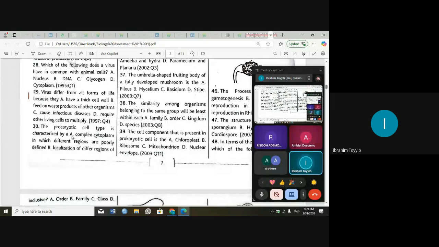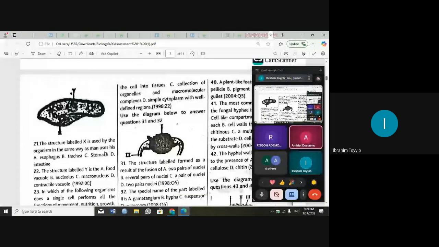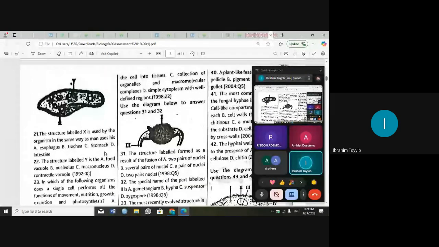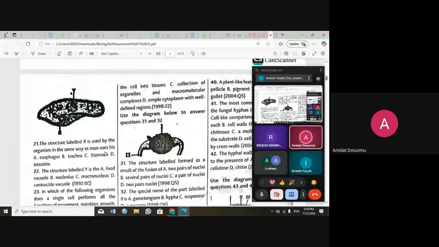A membrane-bound organelle. So the eukaryotic cell type is characterized by a simple cytoplasm with well-defined regions, localization of different regions into the cell, a collection of organelles and macromolecular complexes.